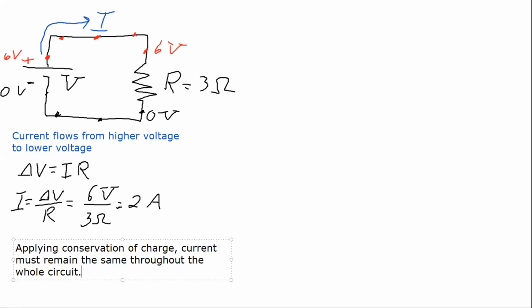Anywhere in that circuit, we're going to get a current of 2 amps, because of conservation of charge.